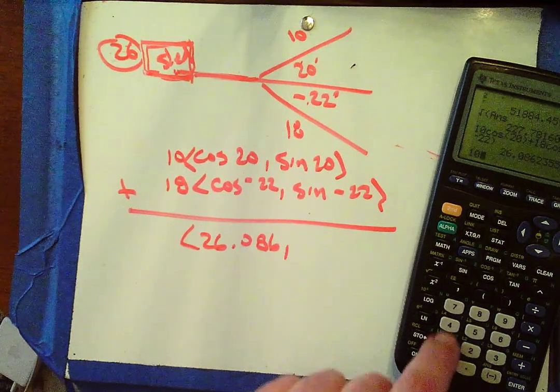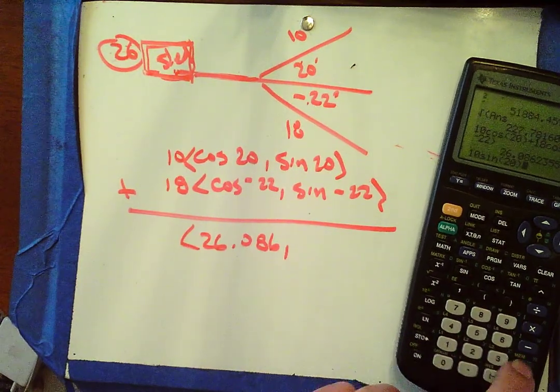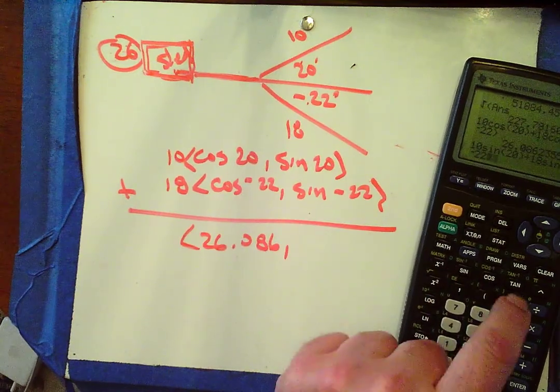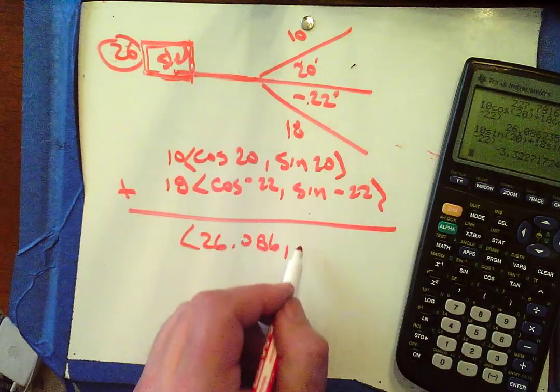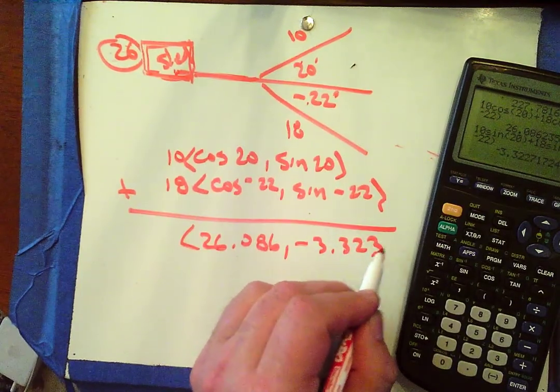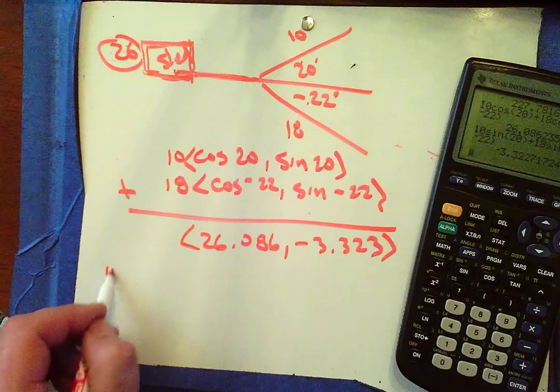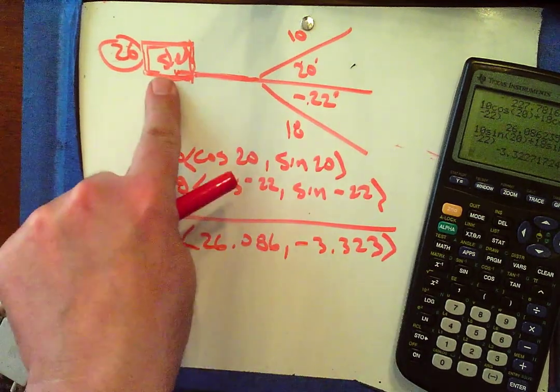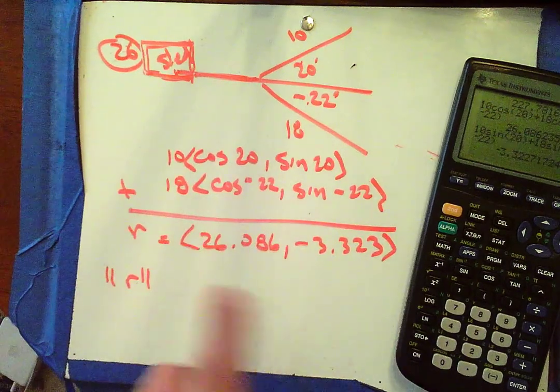And then here I want 10 sine of 20 plus 18 sine of negative 22, and I get negative 3.323. And then I really want to know the magnitude of this resultant force, because that's the combined weight of the sled and the child.